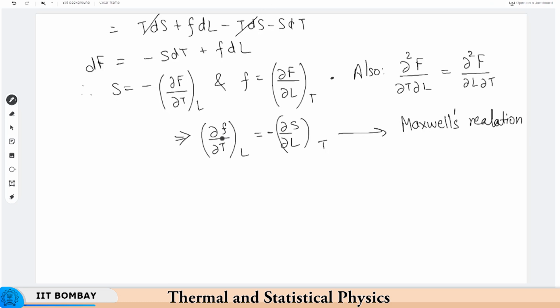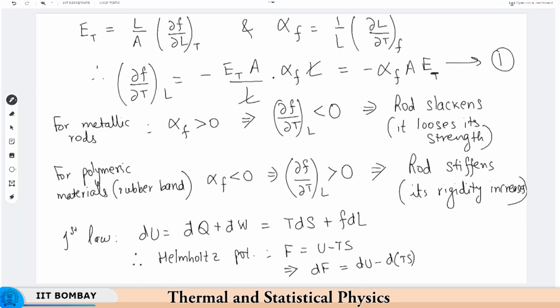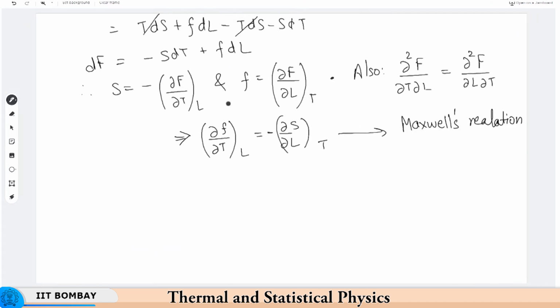Now that we have shown this, remember we saw in equation 1 that the partial derivative of force with respect to temperature at constant length is this thing. So, I will just substitute the left-hand side from equation 1.